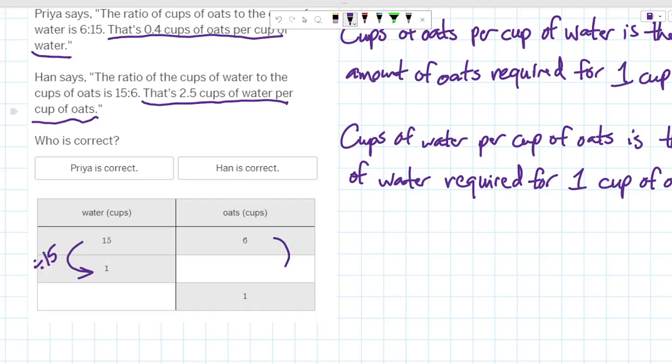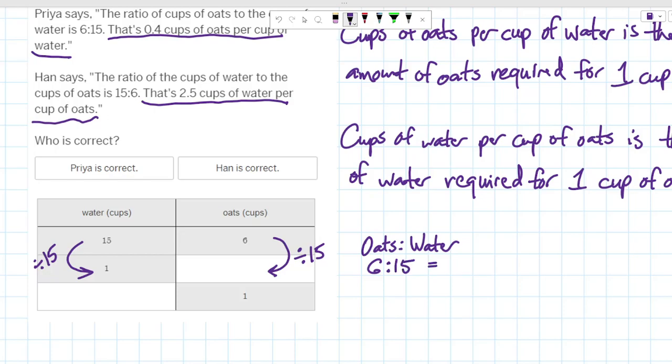So what do we need to do on the right-hand side of our table? We need to divide by 15. And I want to highlight this actually related to what Priya said, because she said the ratio of cups of oats to cups of water is 6 to 15. So oats to water, she said that was 6 to 15.